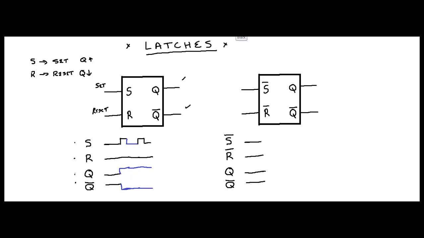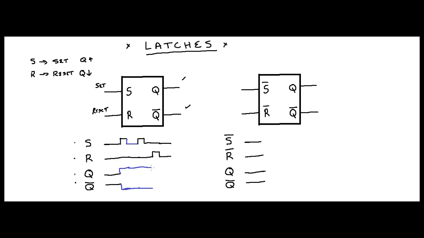Now, let's continue here. What happens now if your reset goes high? Well, if your reset goes high and your set stays low, there you go, right? What's going to happen here?